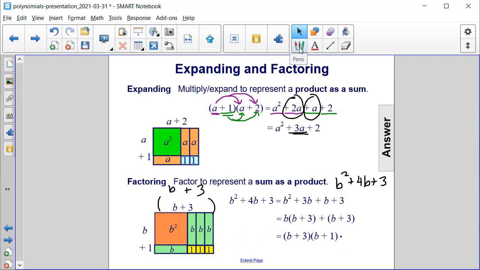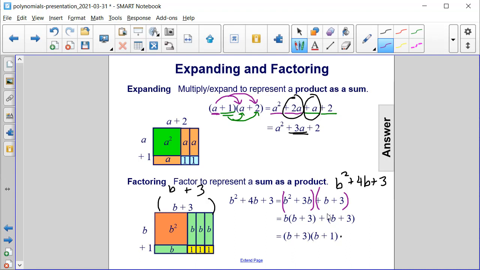Now we can also do this algebraically by first splitting up the 4b into plus 3b and plus b. Then we can group these together into 2 sets. In this first set, we would factor out a b, and we would be left with b plus 3.